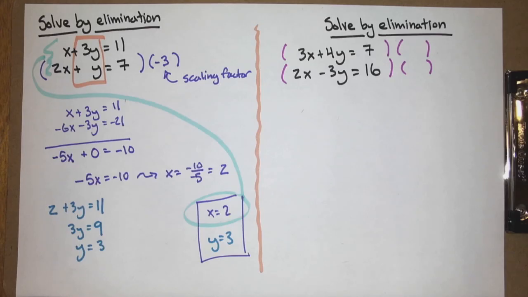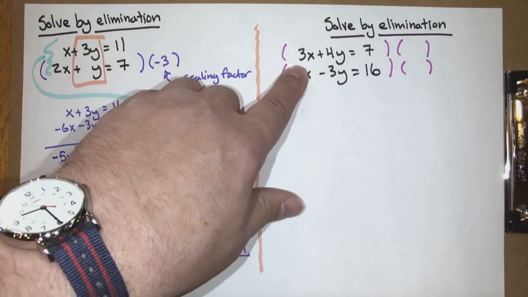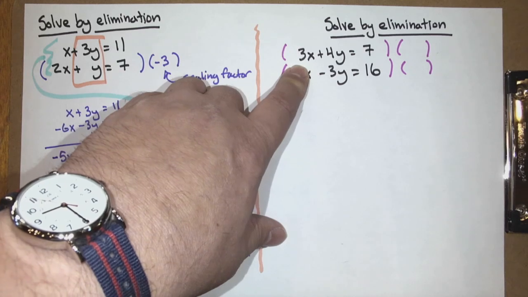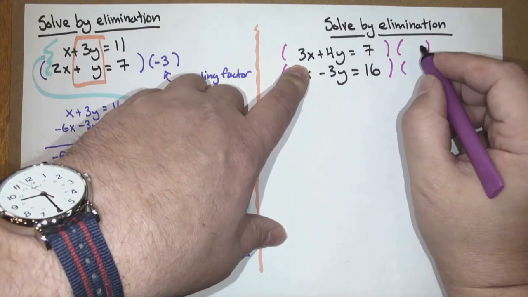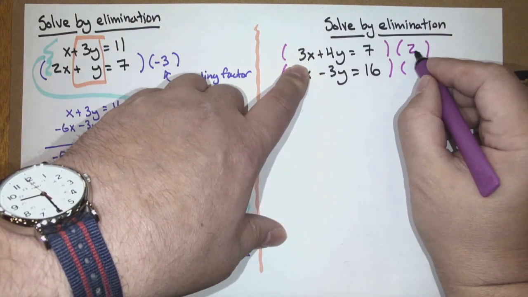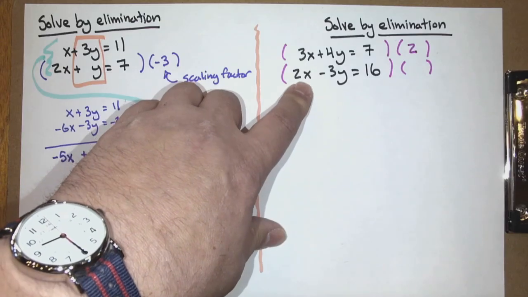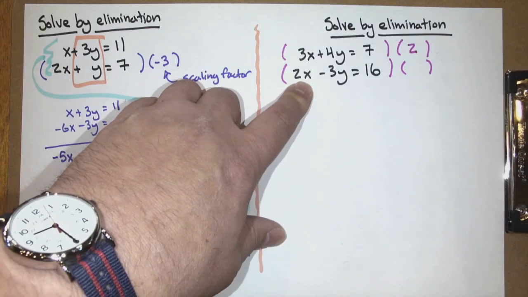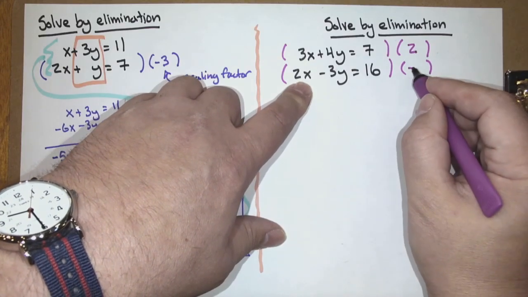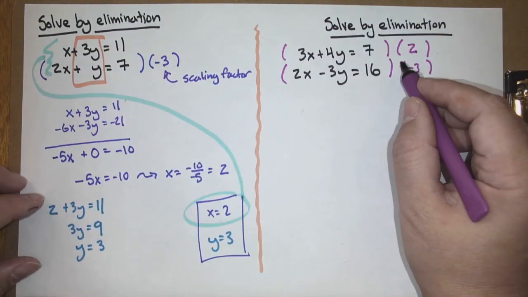Maybe think of what's something that both 3 and 2 go into? 6. So let's shoot to get a 6. One of them will make a positive 6, one of them will make a negative 6. So let's make the first one the positive one. What do I need to multiply 3 by to get to 6? 2. What do I have to multiply 2 by to get to negative 6? Negative 3. All right, so these are our scaling factors here.